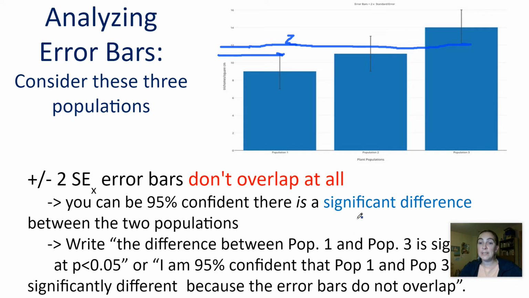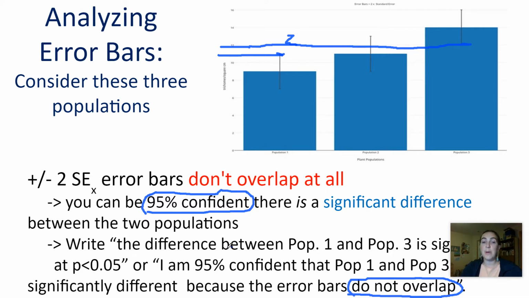There's some important language in this, and whenever you write conclusions that have to do with error bars, you need to include that you are 95% confident, and you should also include the reason you're 95% confident: because the error bars do not overlap. So you can see down here, it gives you the language for how you'd write this.